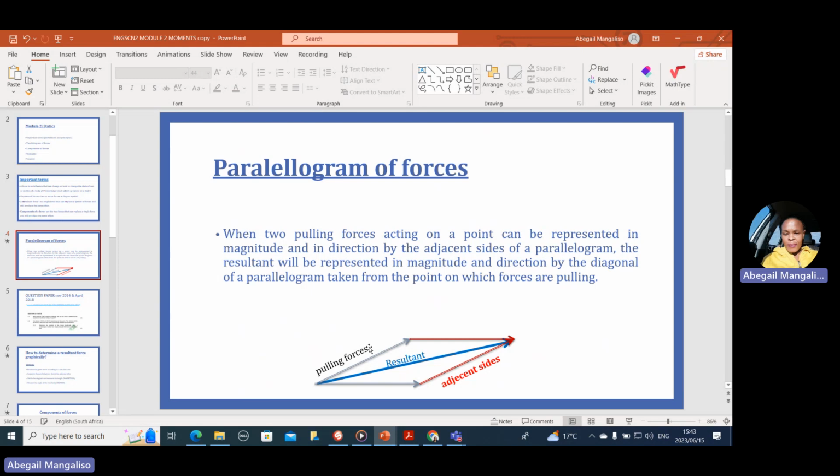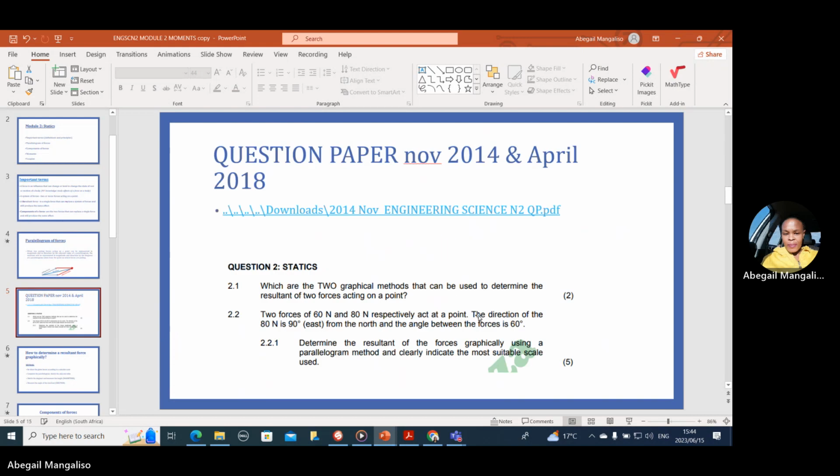Now let's look at the example. This is the question paper of November 2014.